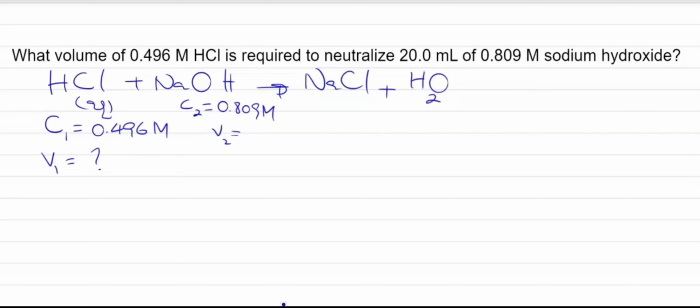In this case, we need to find out the volume of the hydrochloric acid.